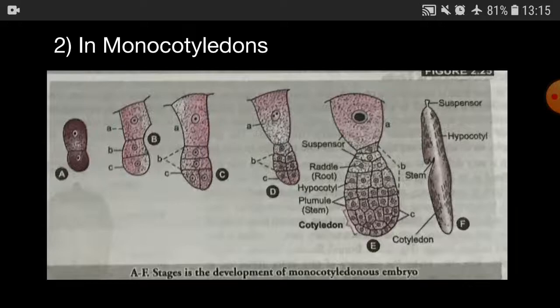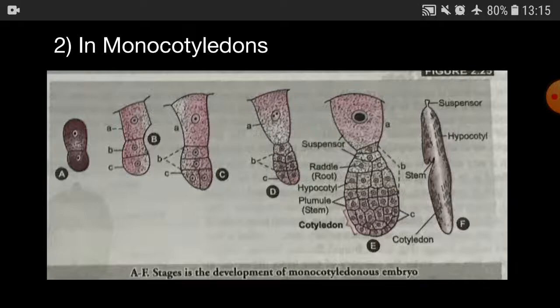Because the main difference between dicot and monocot is that in dicot it is two cotyledons, and in monocots it is one cotyledon. So, in the early phases of embryogenesis up to the formation of the globular proembryo, they are very similar in both the dicots as well as the monocots.